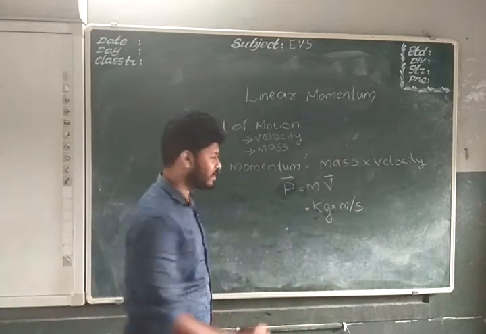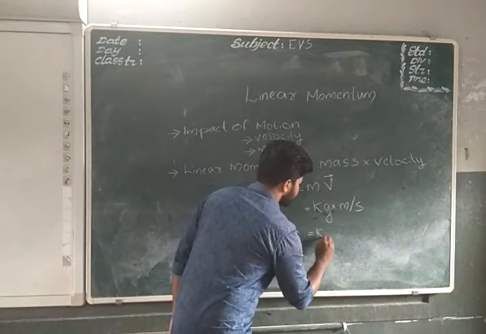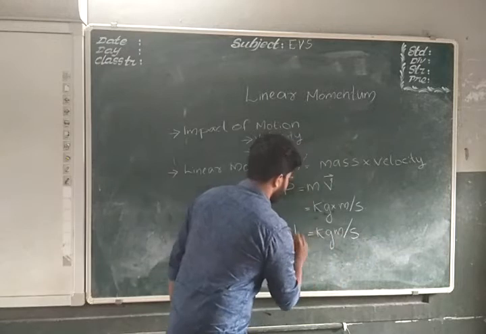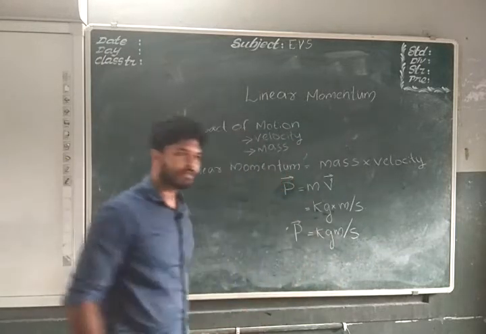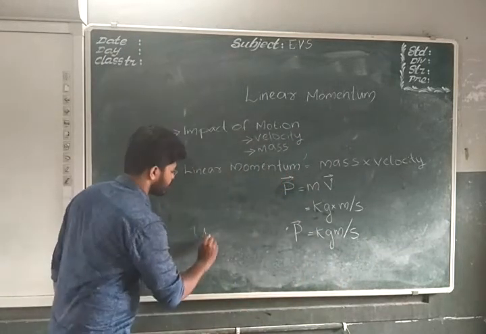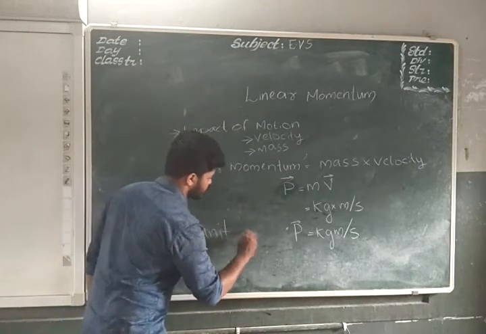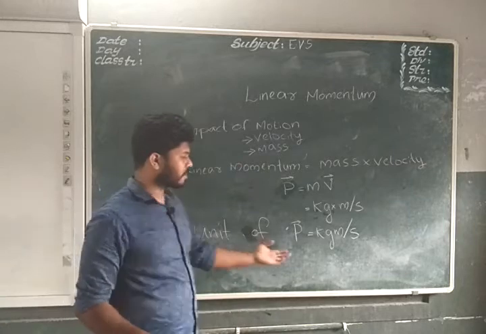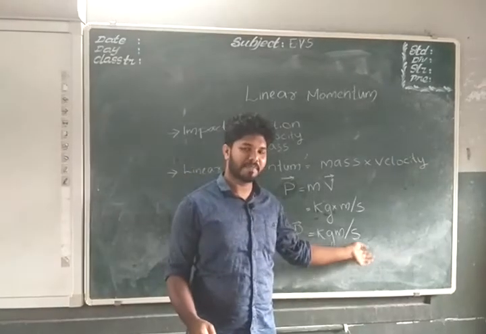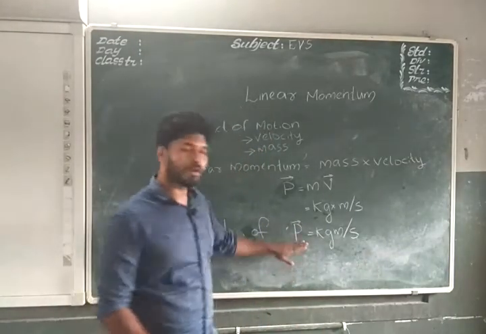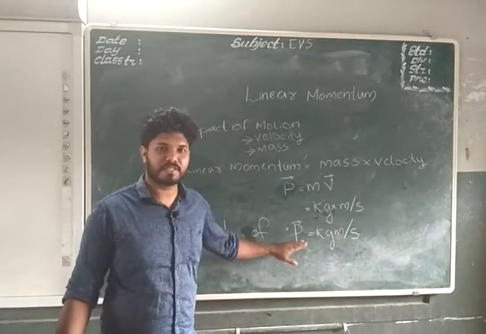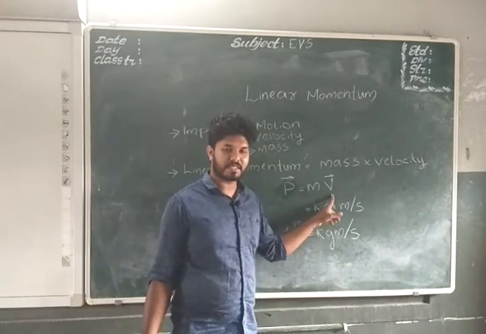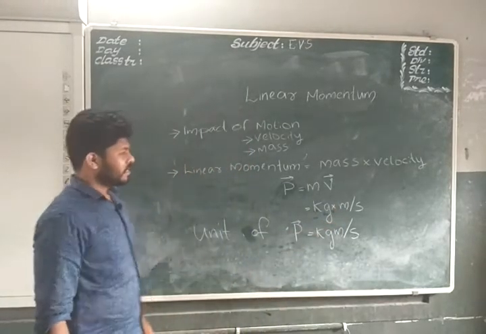So together, the unit of linear momentum is kilogram meter per second. And linear momentum is which type of quantity, vector or scalar? It's a vector quantity, since velocity is a vector quantity.